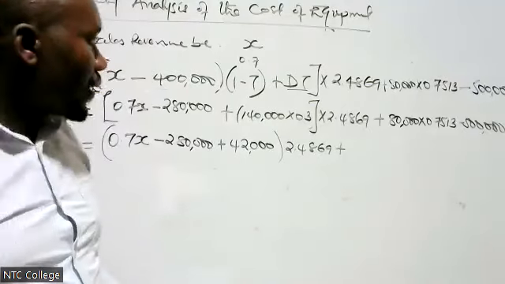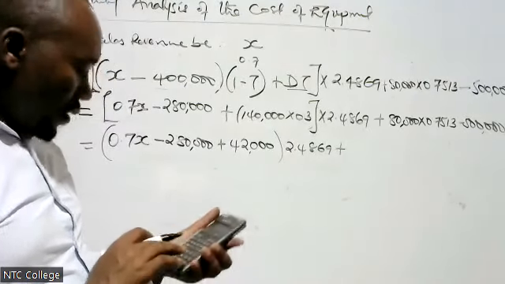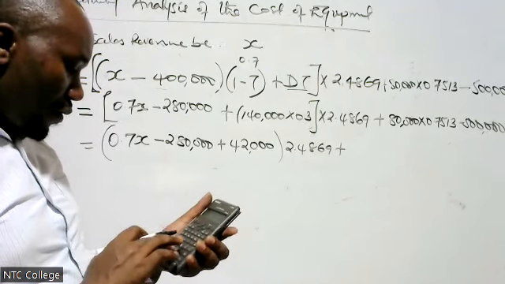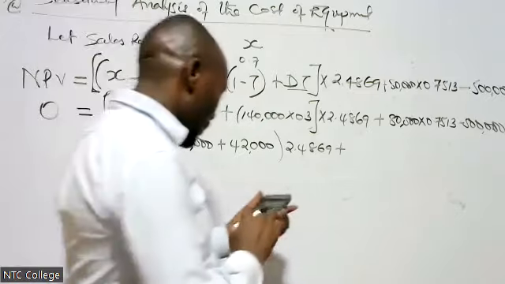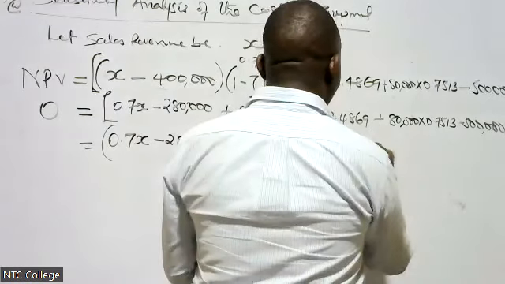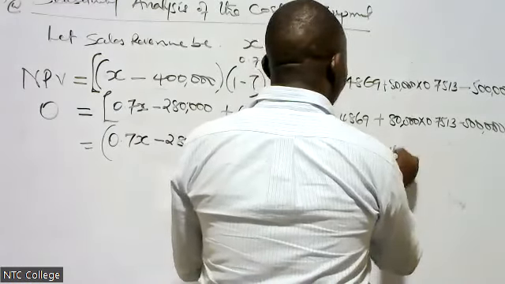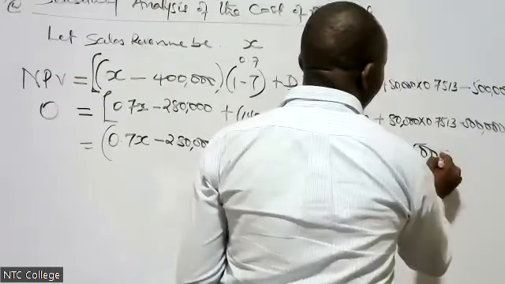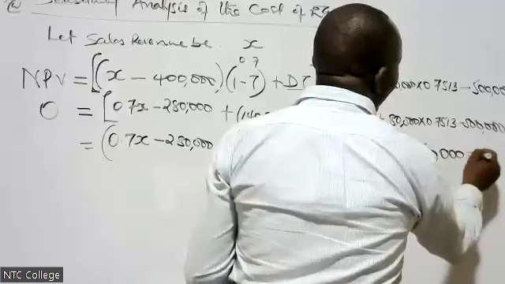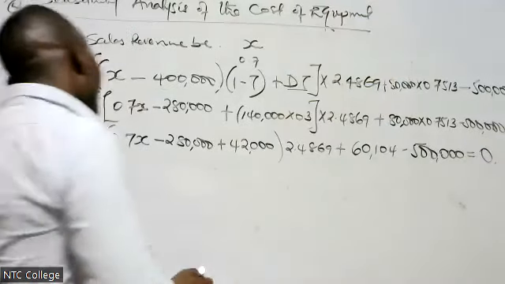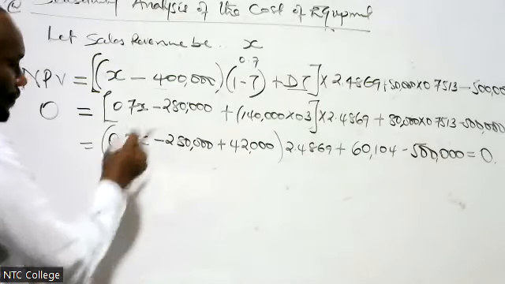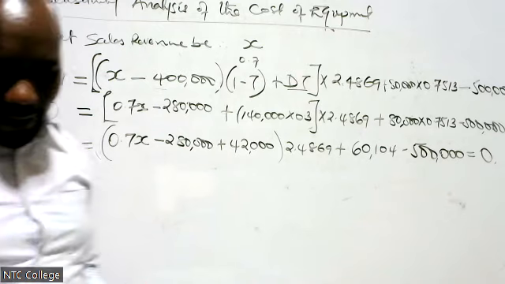This is my calculator. 80 times 0.7513. So that was 60,104 minus 500. All this should be equal to 0. How do we now add this? Can someone now, sisters, calculate that?